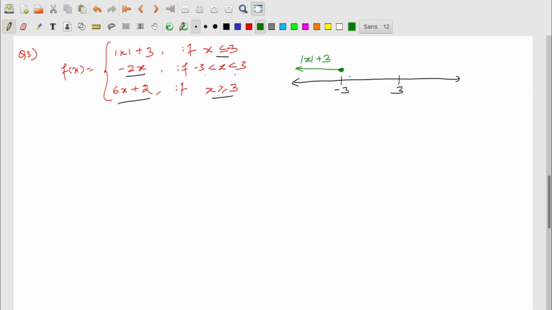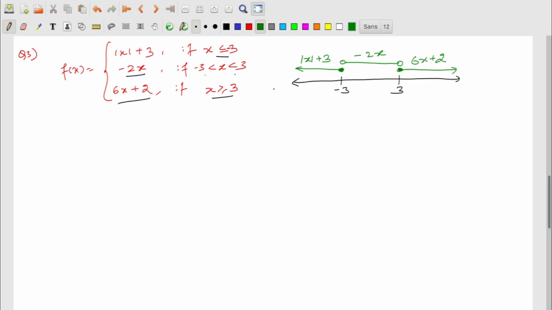Between minus 3 and 3, excluding minus 3 and 3, the value of the function is minus 2x. And if x is greater than or equal to 3, then the value of the function is 6x plus 2. So this is how the function is defined.